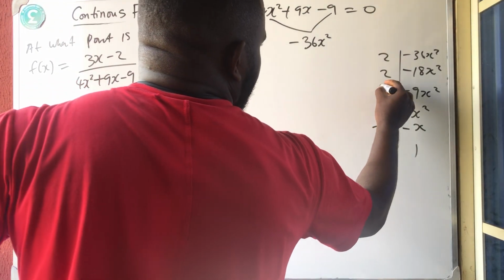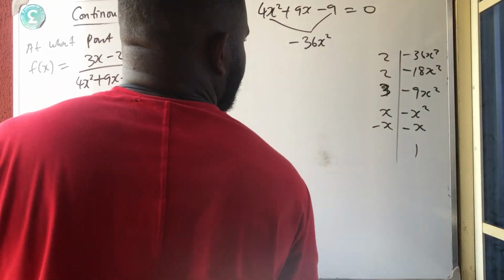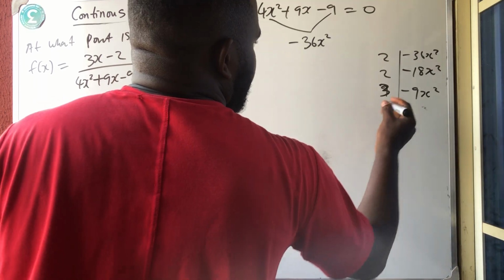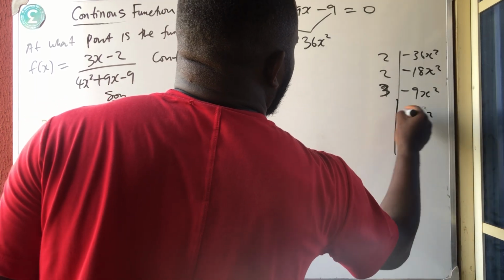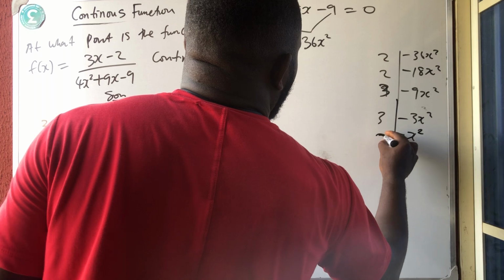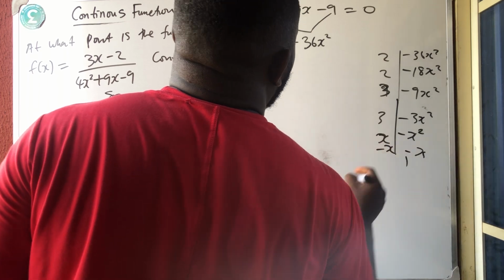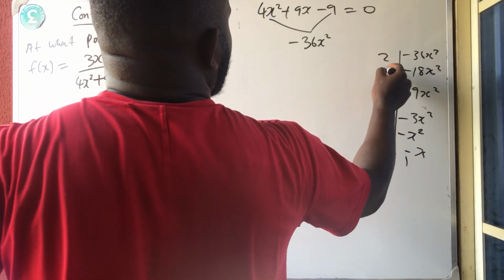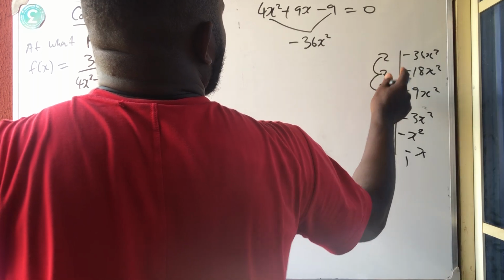3 can go first, to have −3x, and then 3 again, −x, x. So I'm having 4, 3 times 4, 12. 12 minus 3 is 9.